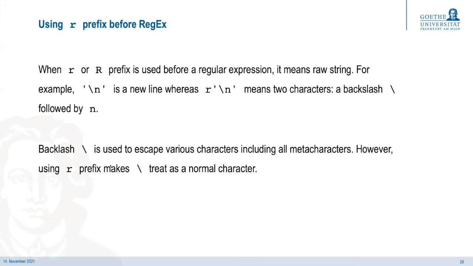Backslash is used to escape various characters, including all metacharacters. However, using the R prefix makes the backslash be treated as a normal character. So it's like removing its special powers.